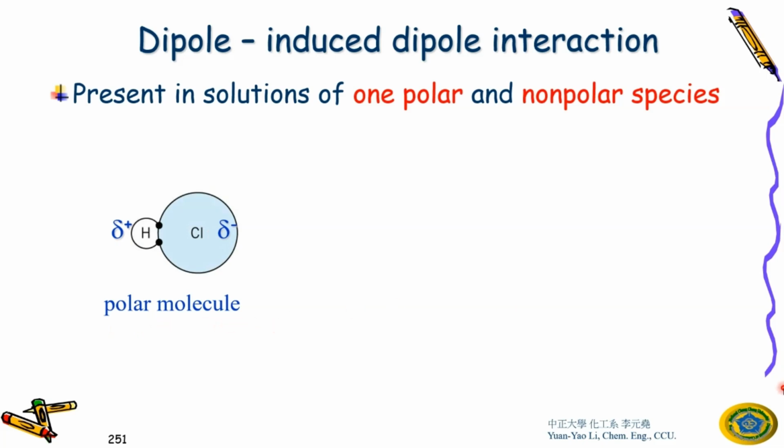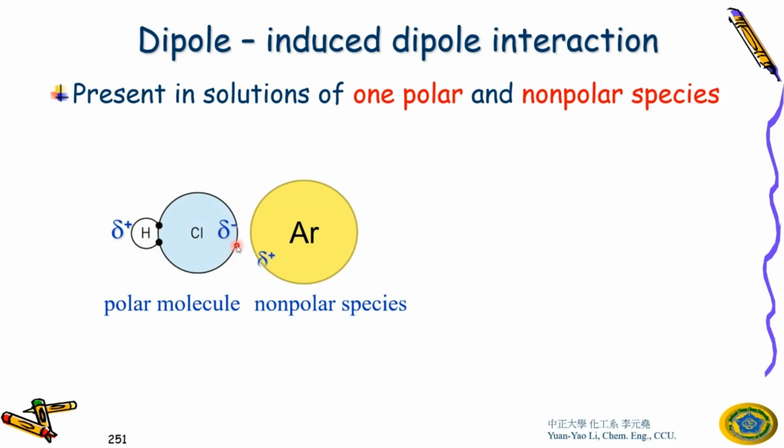So if we have an atom or molecule which is non-polar, and this atom is close to this polar molecule, then what happens? Let's use argon as an example. If the argon is close enough to this molecule, the electrons will move away from this negatively charged region.